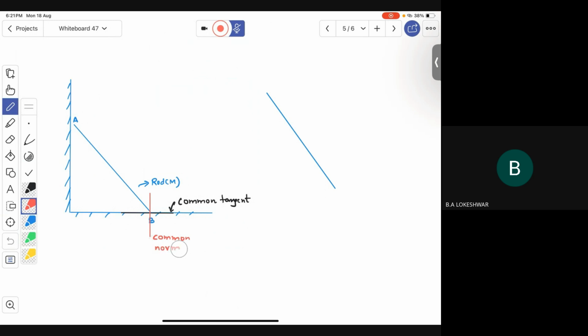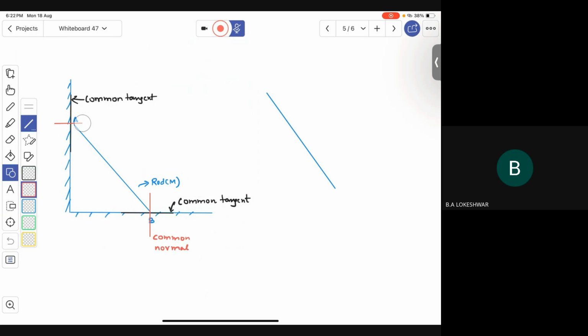Now, at point A, which is the common tangent? This black line that I'm drawing is the common tangent. And whatever is perpendicular to that tangent at the contact point at A will be the common normal.